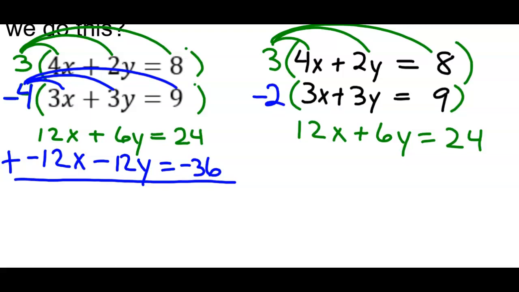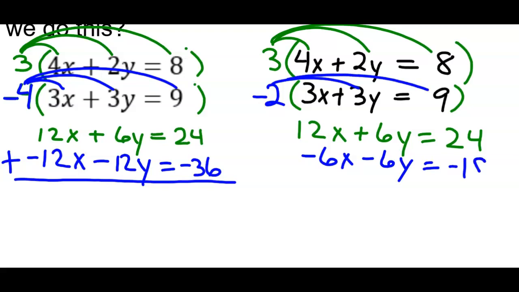Yep. So you're just figuring out what it's got to be. -2 times 3 is -6x, -6y, -18, and then I would add those together.